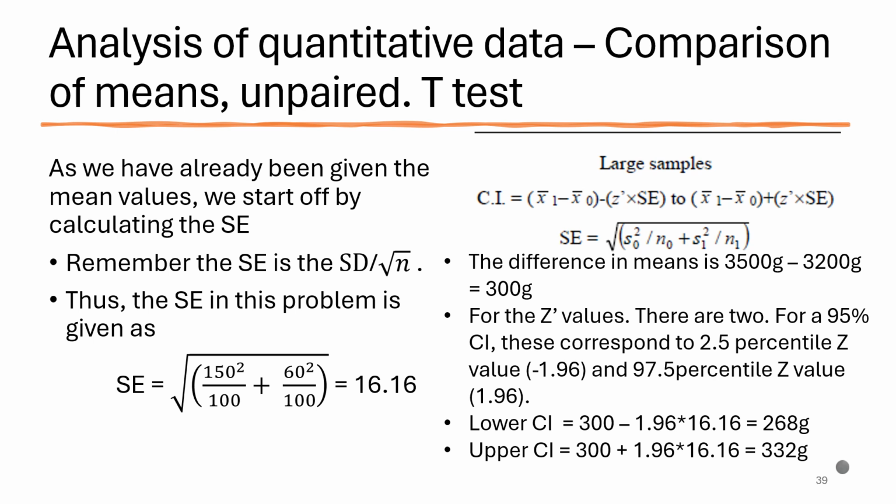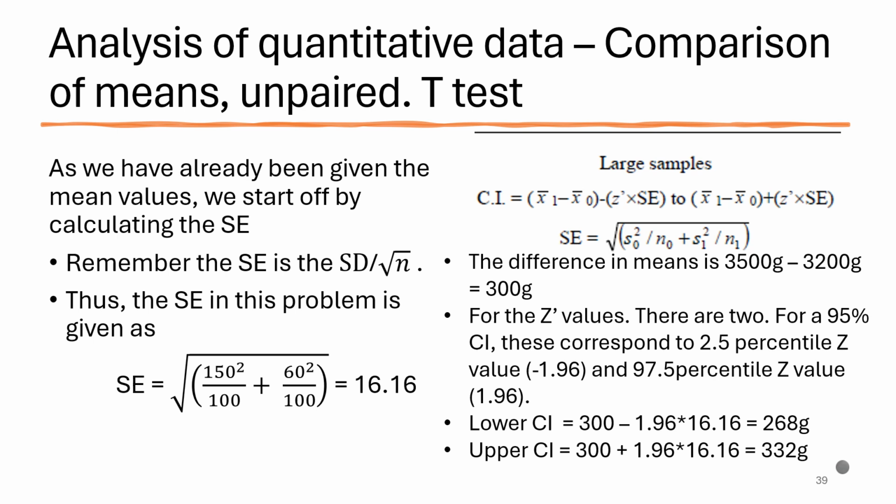As you can see here, it's broken down in a nicer way: the difference in means minus the z value, which is typically 1.96, times the standard error, to the difference in means plus 1.96 times the standard error. So our difference in means is 300 grams.